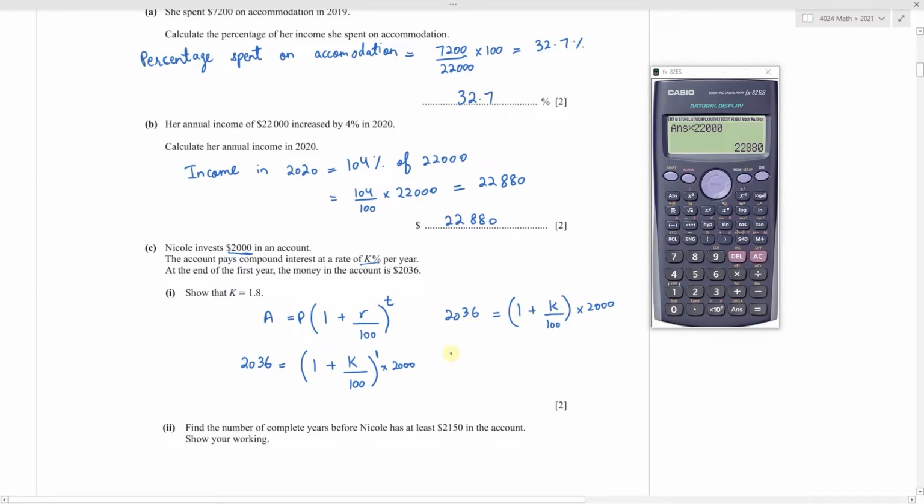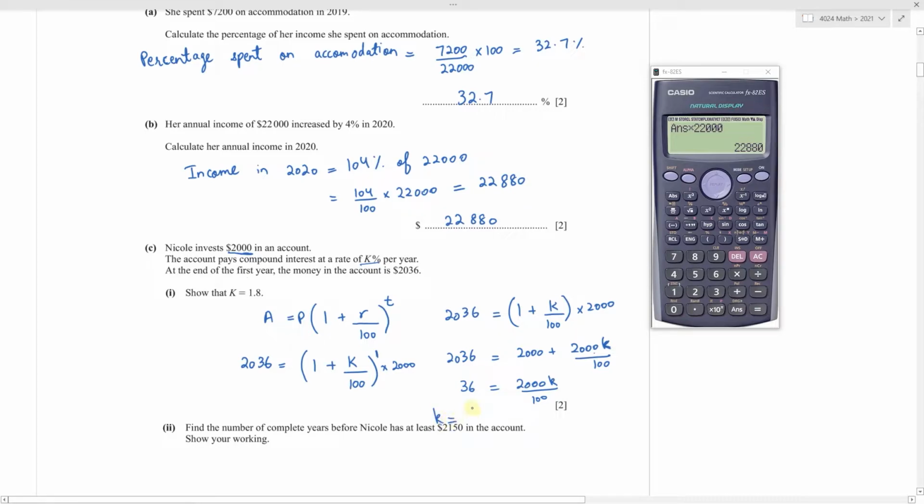So now let's solve for k. 2036 equals 2000 plus 2000k over 100. And if I bring this 2000 here, it will become 36 equals 2000k over 100.